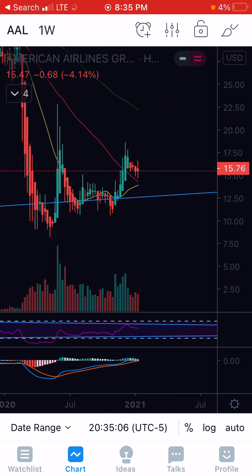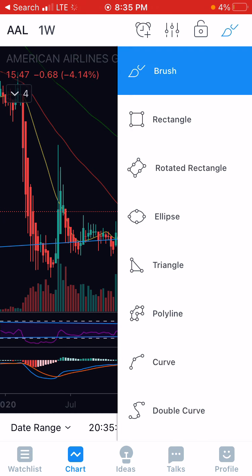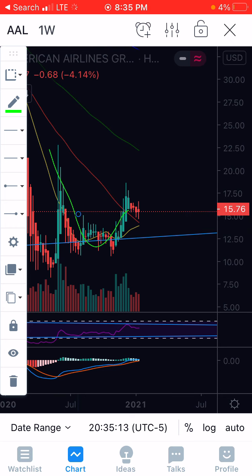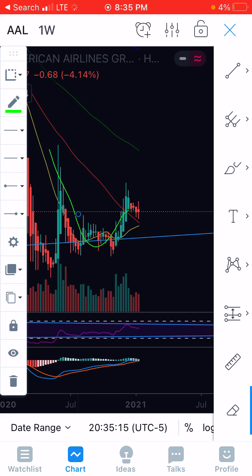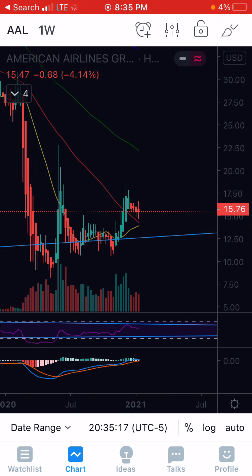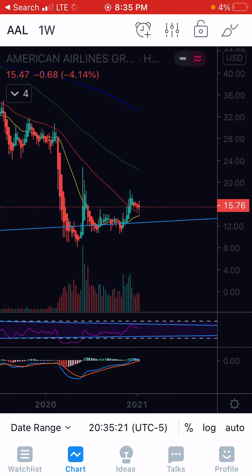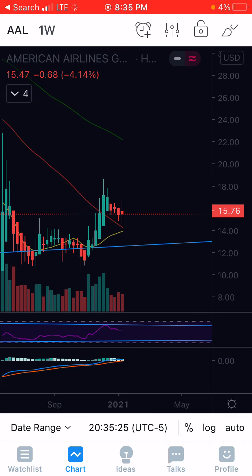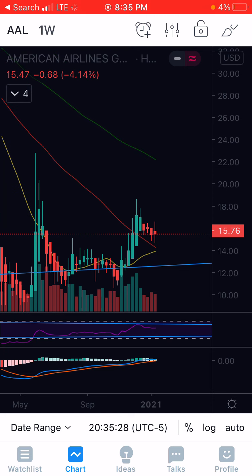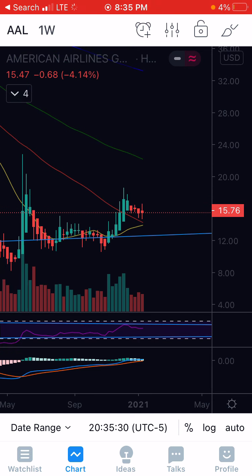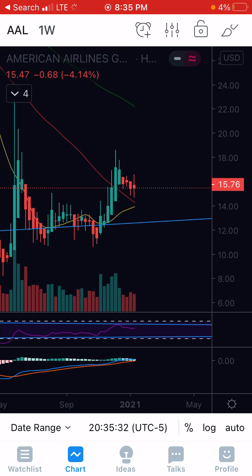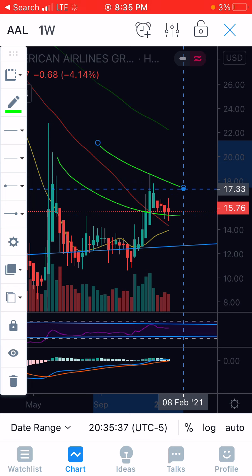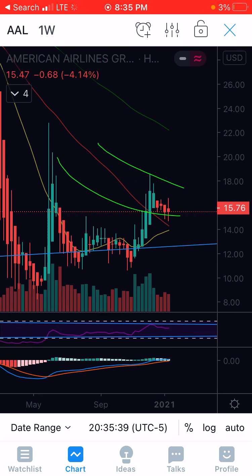But this is on the weekly, and these moving averages on a weekly or daily time frame are huge when you're going for a long play of a stock, because they tell you which way the trend is heading. This yellow line is a shorter term moving average, the red line is kind of a mid-term moving average, and the other two are the long term. Whenever your shorter term moving averages are below your longer term moving averages, you are in a bear market.